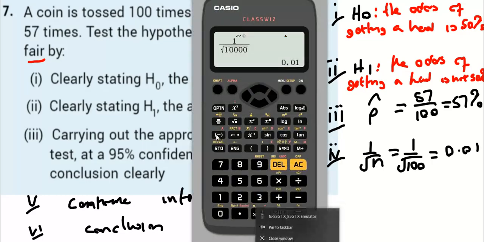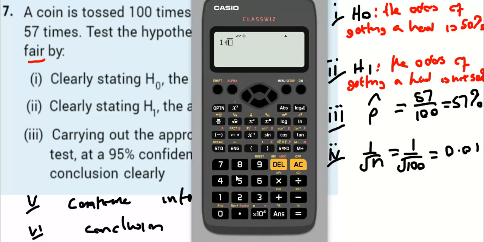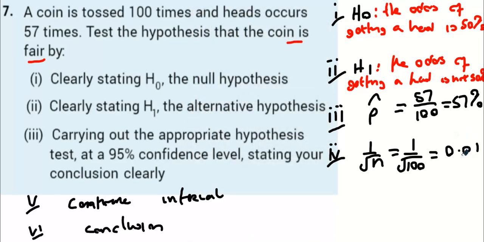Let's have a look. I think it's 10%. Is it 10%? 0.1. So it's 0.1. And 0.1 is actually 10%.